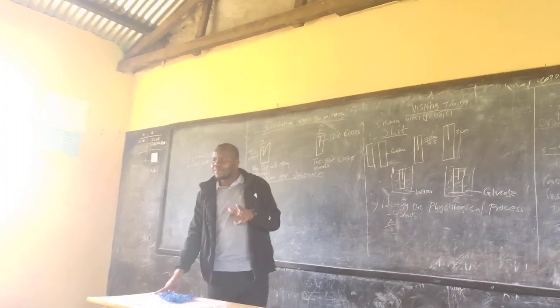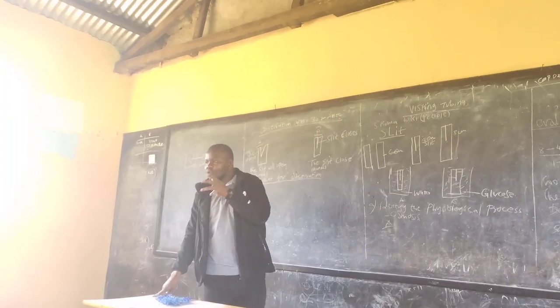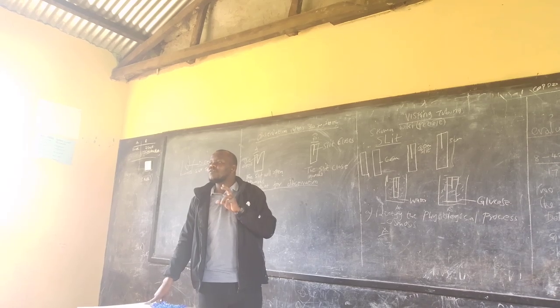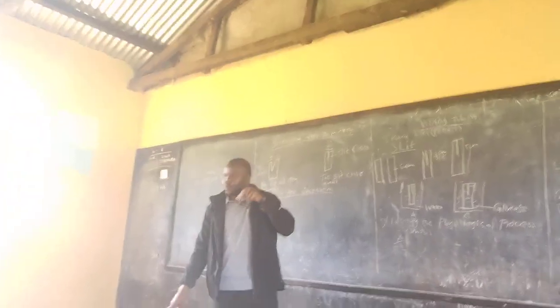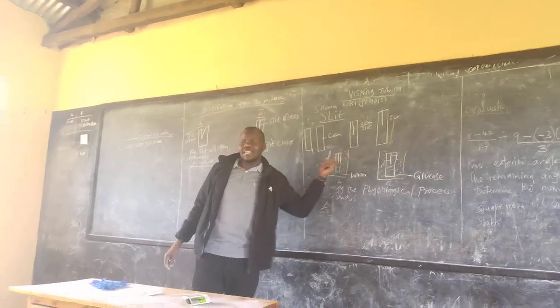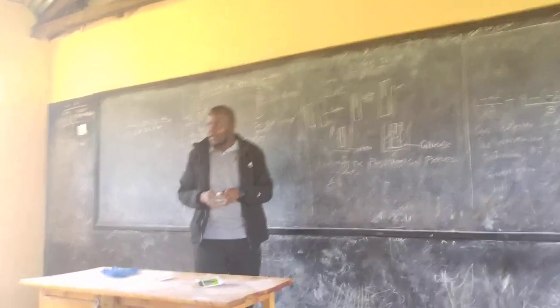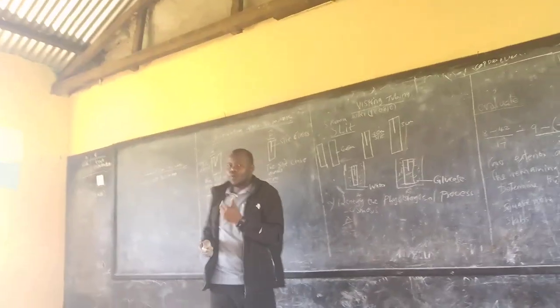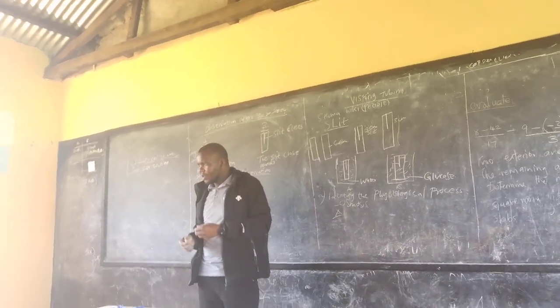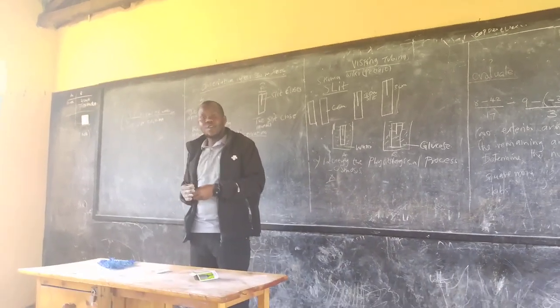Plant cells can either be hypertonic or hypotonic, but it will depend on the nature of the solution that it has. Is that clear? Right now, these are two plant cells that we have just cut from the sample. But now they are behaving differently because one will become hypertonic, the other one hypotonic. Do you get the point? Yes. Because of the nature of the solution in which we have placed the two.